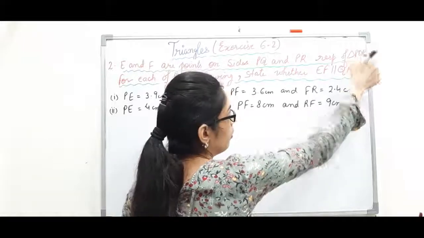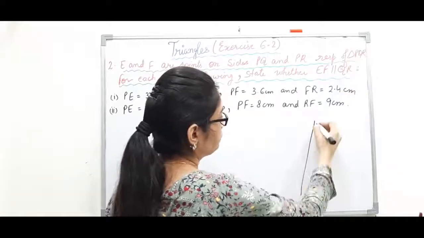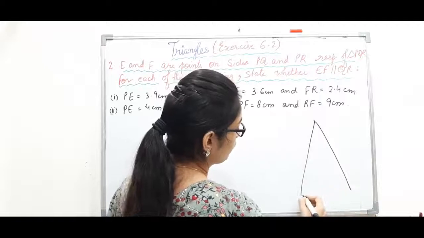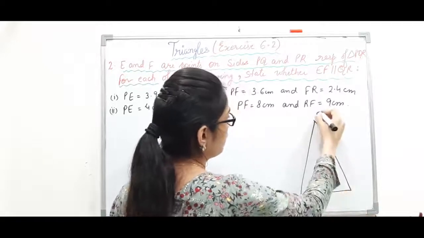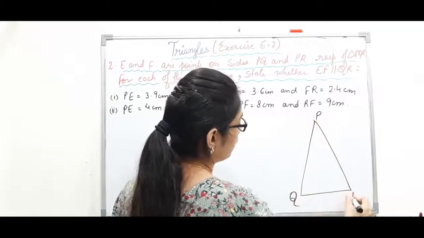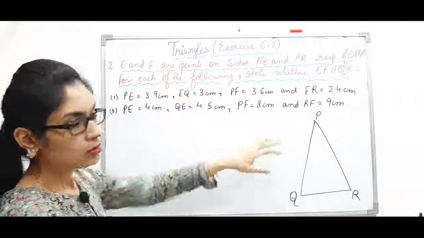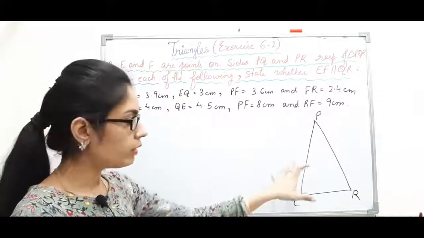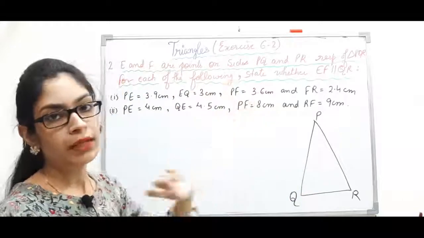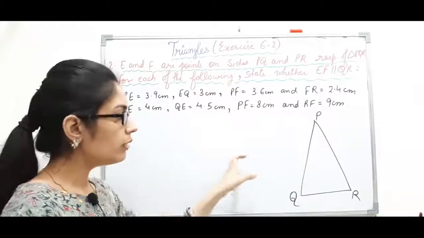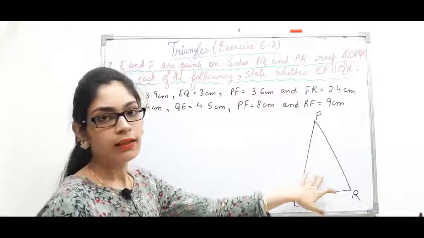See, we have to draw triangle PQR. So let's name it P, Q and R. E and F. Whenever you have to draw a figure yourself, just go through the statement twice or thrice so that all the points are correct.